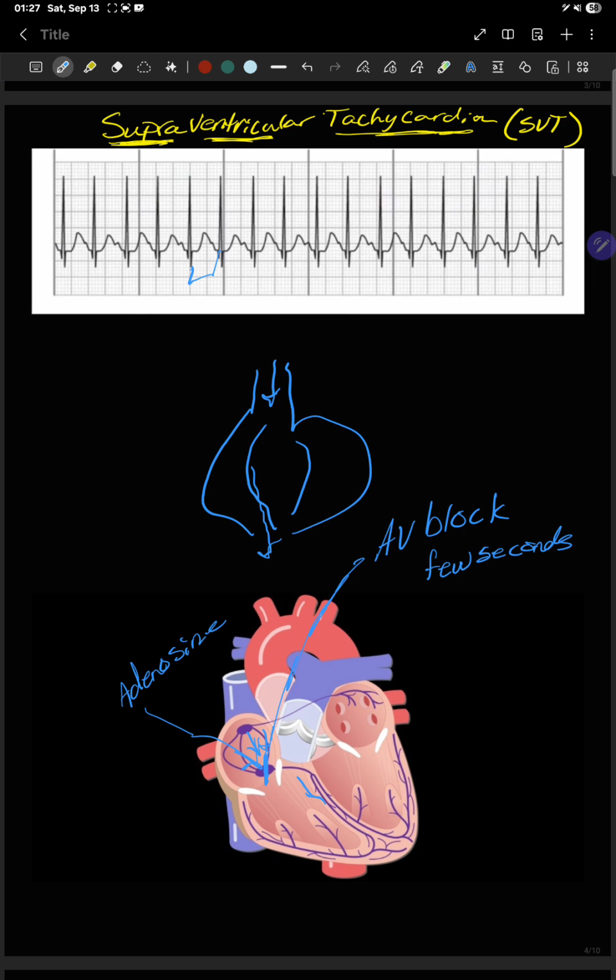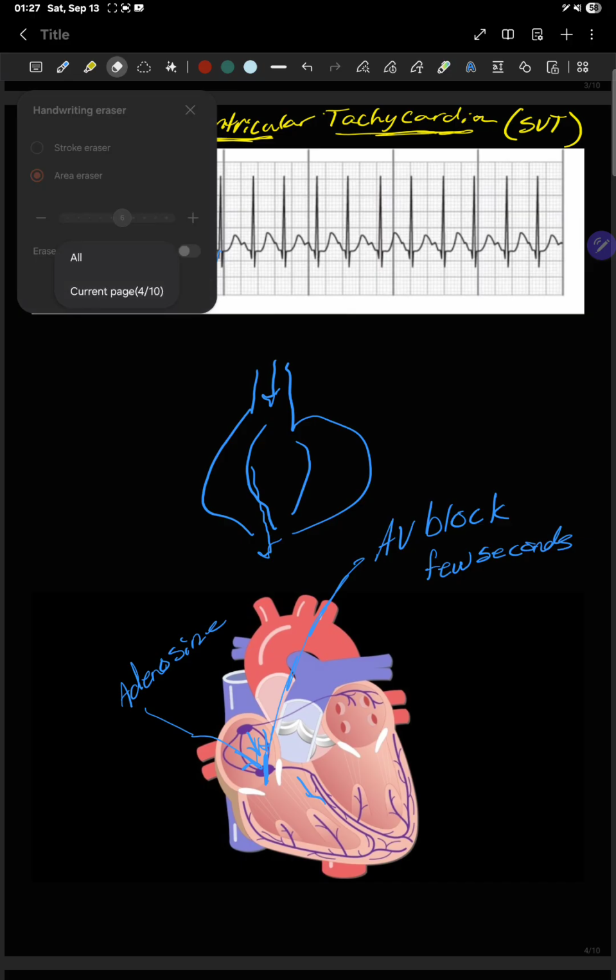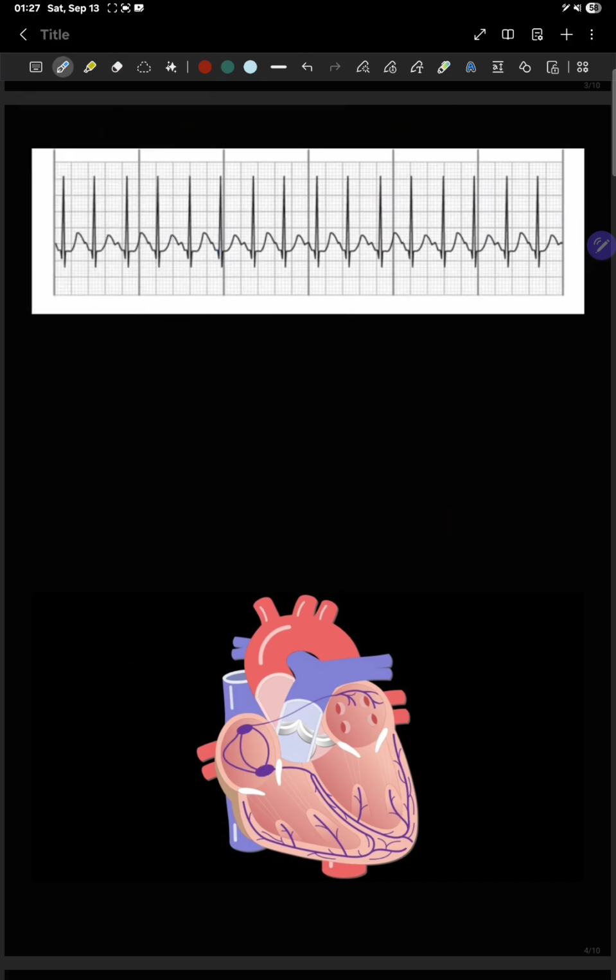Now we fixed it. Here's the thing, though, with adenosine, and this is important to know: when you give adenosine, it has a half-life of seconds.